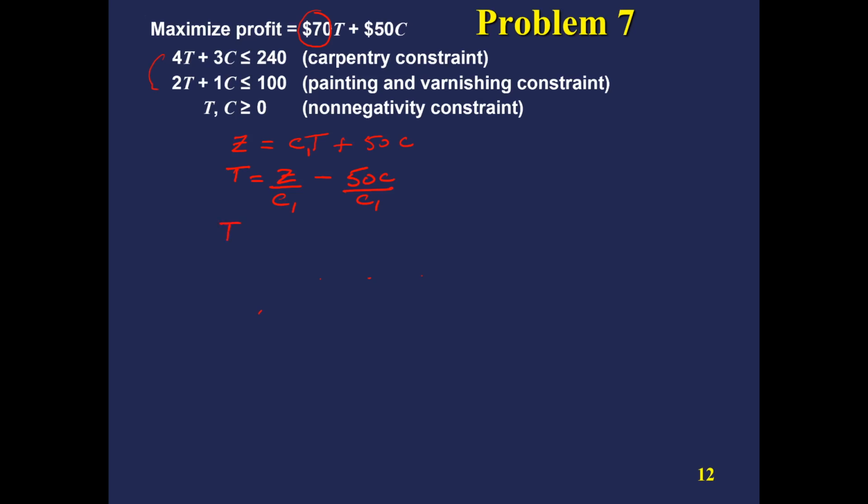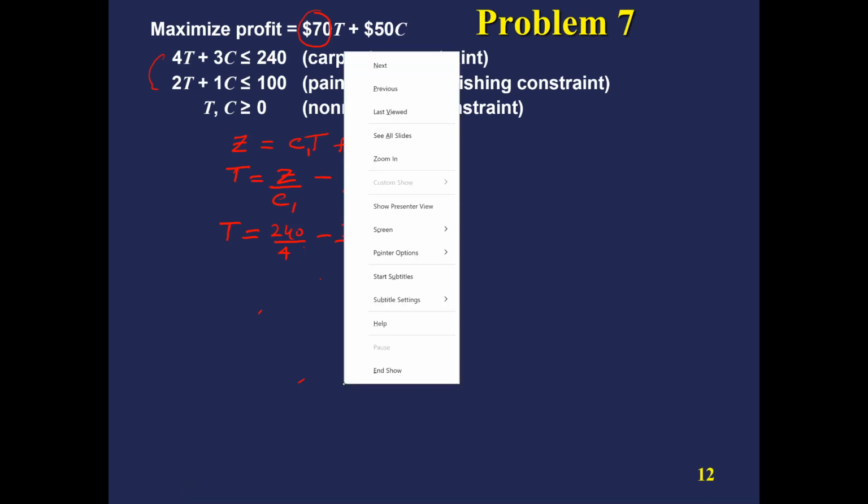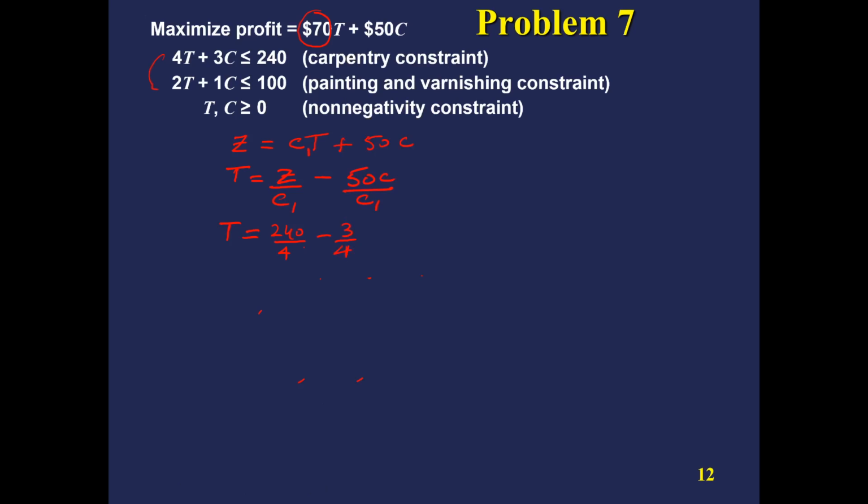The first constraint: T is equal to 240 over 4 minus 3 over 4 C. The second constraint is T is equal to 100 over 2 minus half C. Now we equate these slopes to find the range over which this corner point stays the same.